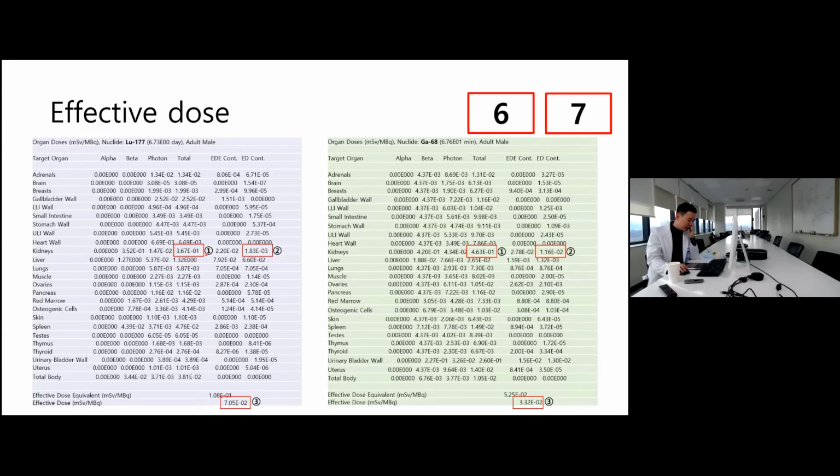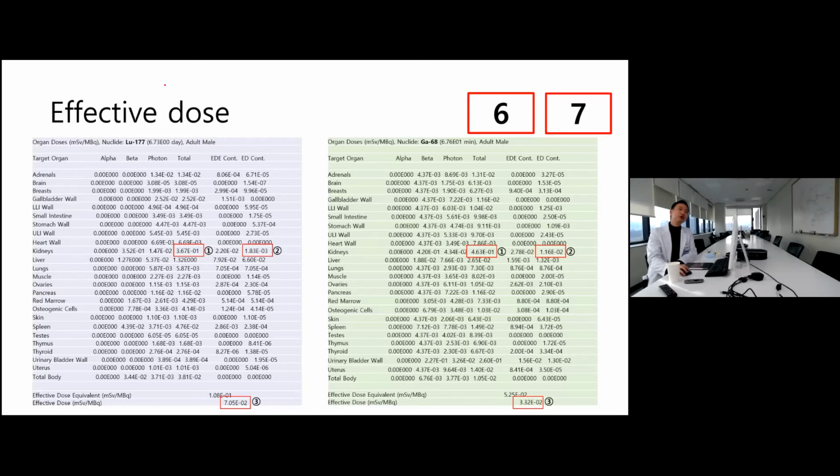Since we need to be aware of deterministic effects in the tissue, as you have heard, we make a threshold of 23 gray for the kidney or 2 gray for the red marrow, about the absorbed dose, to not encounter a deterministic effect in such organs.